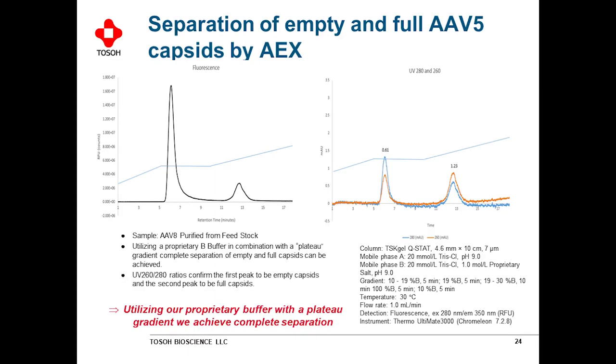We also looked at the UV 260 and 280 data, and on the right, the blue is the 280 and the orange is the 260, and above each peak is a 260 to 280 ratio. Using this, we can confirm that the first peak is empty capsids, the second peak is full capsids, and it gives us a proportion of about 85% empty, 15% full, which is a pretty standard ratio for a HEK cell-based affinity elution.